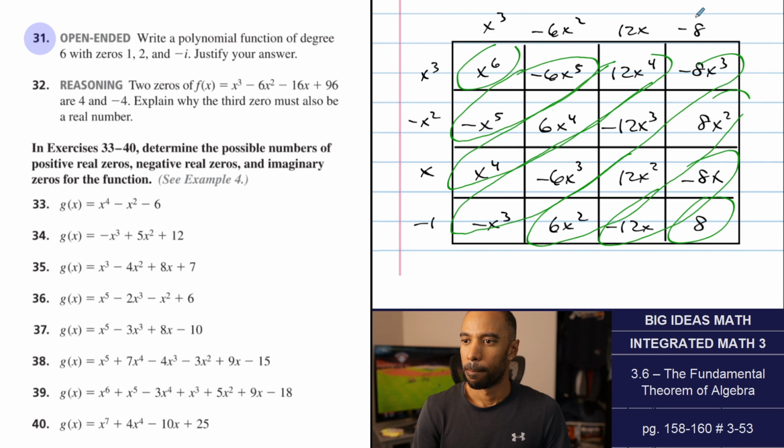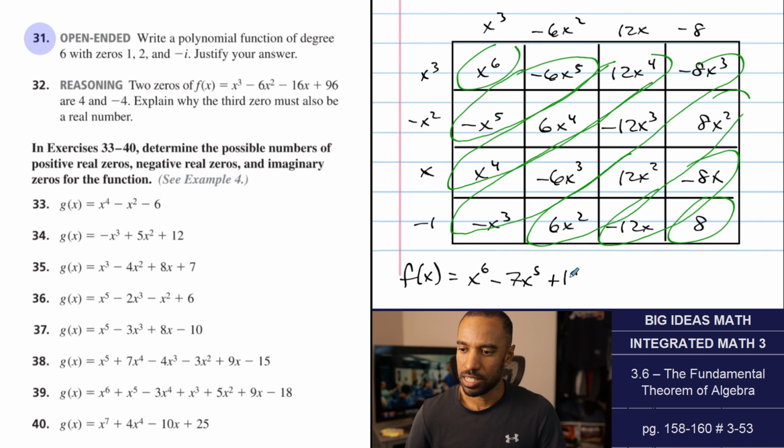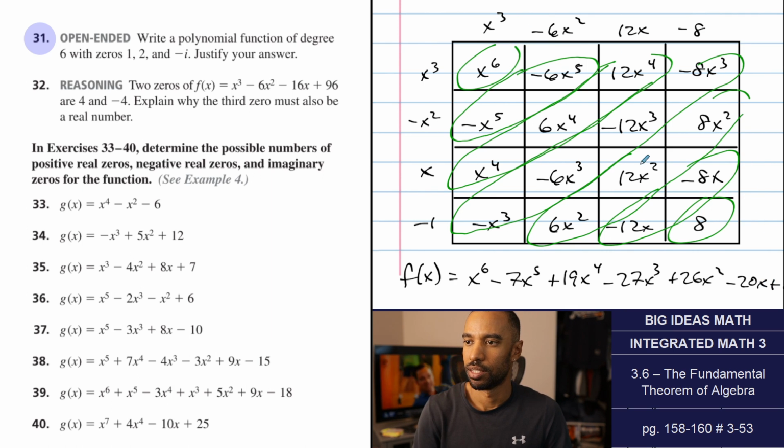Okay, so from there, let's see if we can write this in one step and be done. My open-ended answer to this question is f of x equals x to the sixth minus 7x to the fifth plus 19x to the fourth, negative 27x cubed, plus 26x squared minus 20x plus 8.